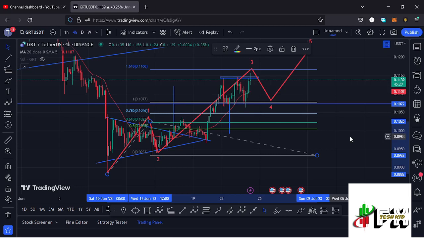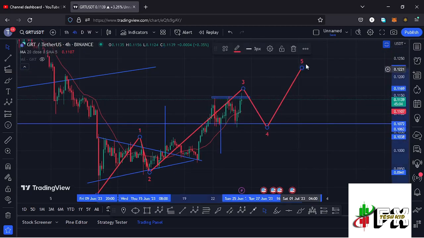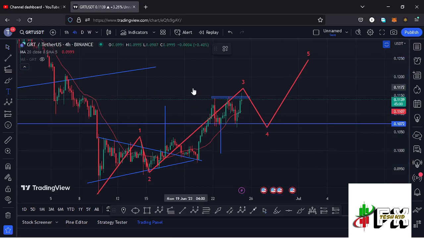Though there are chances that we might not see that one more leg up in the formation of that wave 3, fully maximizing our target area. And there are chances that the high for that wave 3 is now in. And in case our triple top that I've shown you on the 1-hour time frame plays out, then we can expect a bit of a breakdown in the formation of this wave 4 before we can continue gearing up in the formation of that wave 5 to the upside, completing an even larger Elliott wave count 1 to the upper side here on the charts.